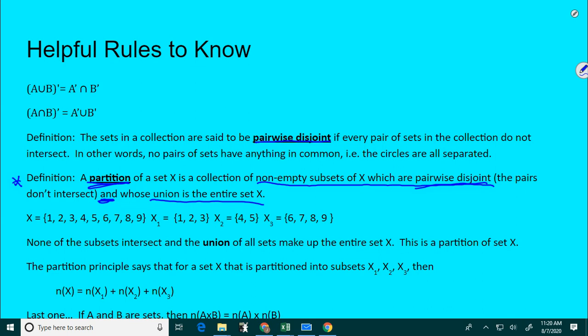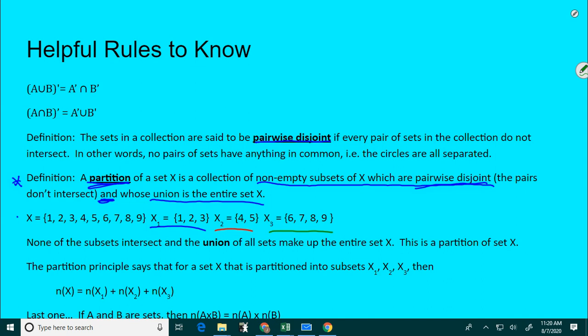Let's just say I have a set right down here. Set X, just the numbers 1 through 9. All right. So if I break that into subsets, I just made 3 subsets, X1, X2, X3. Take a look at those. None of them intersect, right? Each subset is pairwise disjoint because there's no 4 and 5 in this one.